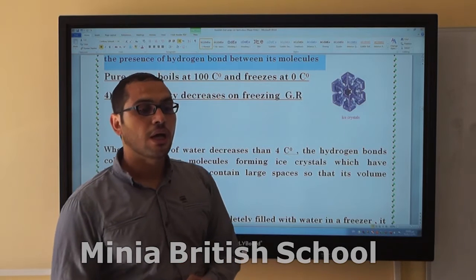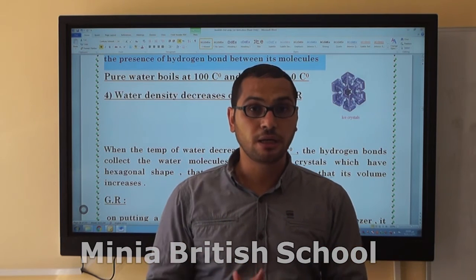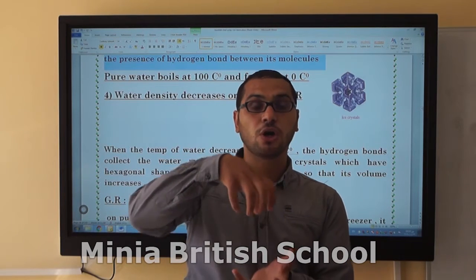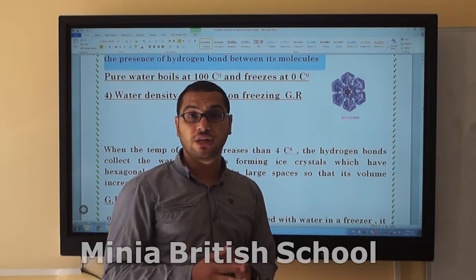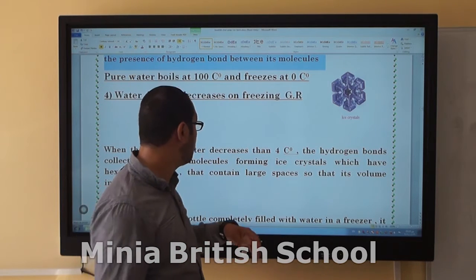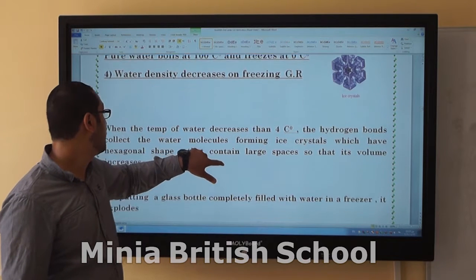Number 4: water density decreases on freezing. If you put a piece of ice in a basin containing water, you will notice the ice floats on the water surface. Why? Because the density of ice is less than the density of water. There is another reason here.